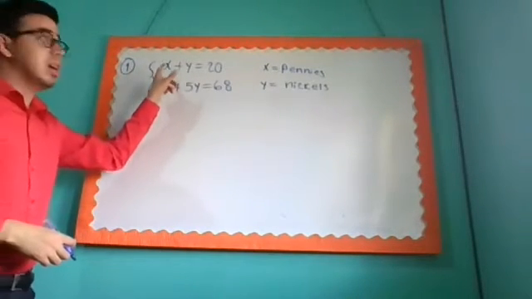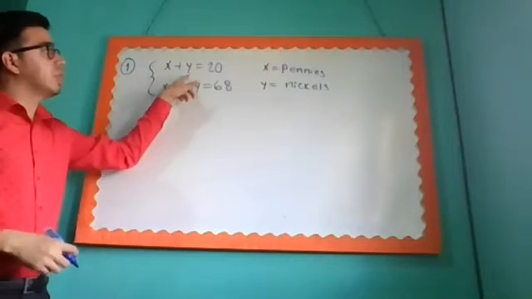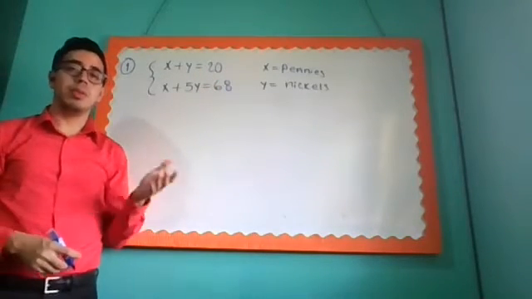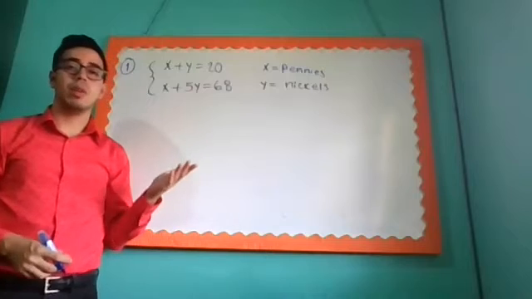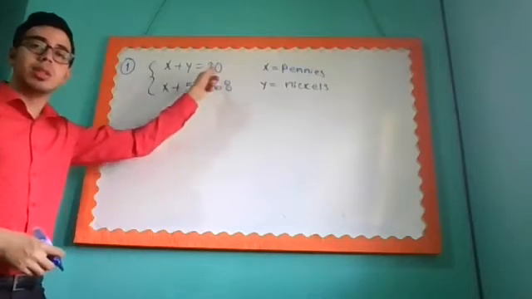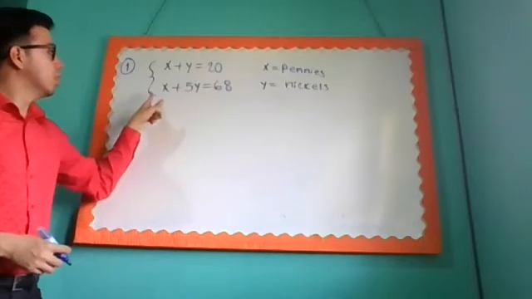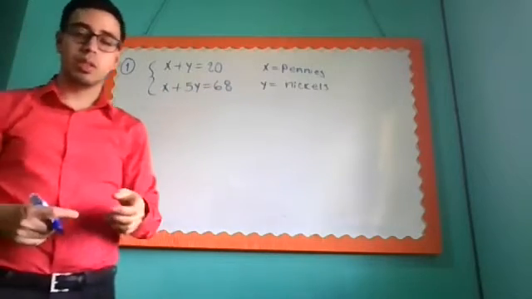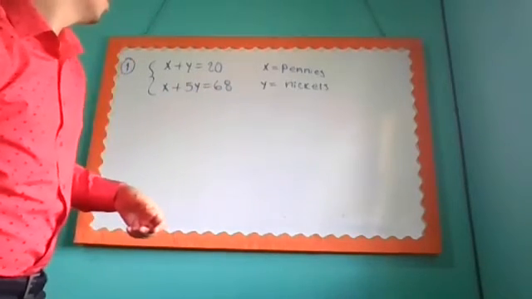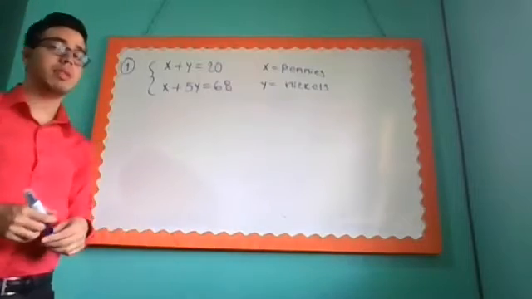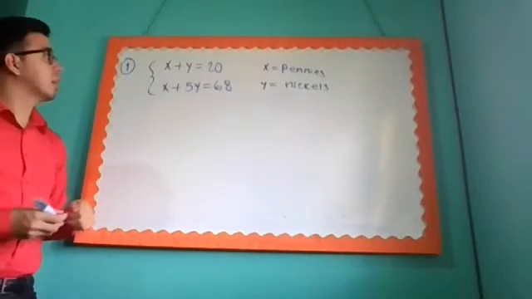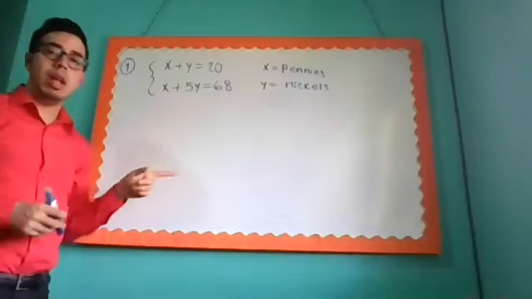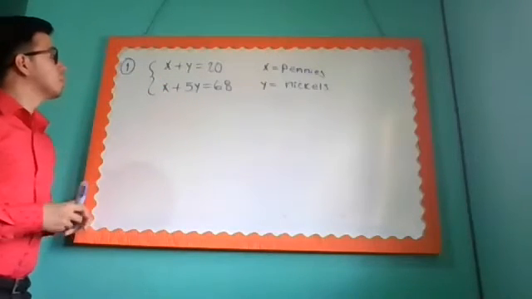The number of pennies plus the number of nickels equals 20 because she gave her brother 20 coins. So in total, she has 20 coins. And this is for the amount of money that he counted in dollars, okay? So we have two different equations, one for the number of coins and the other one for the amount of money, okay? You can see that in this system of equations, it's not so easy to eliminate the variable.